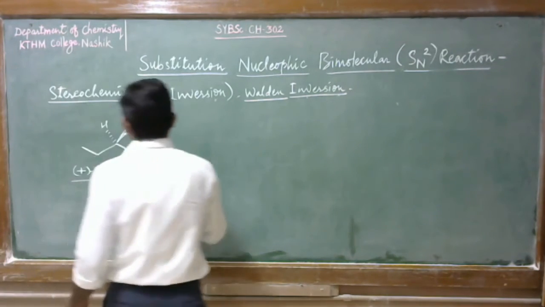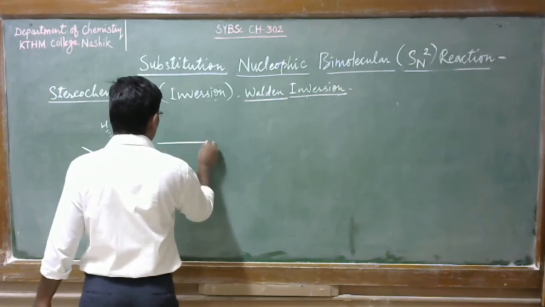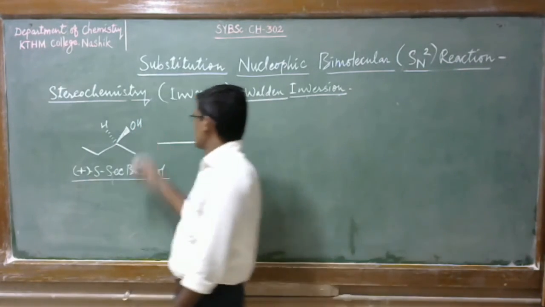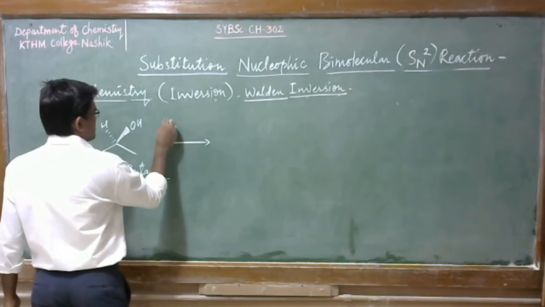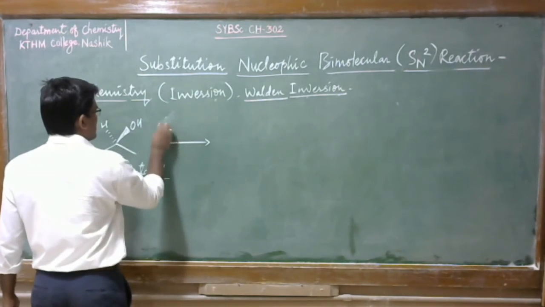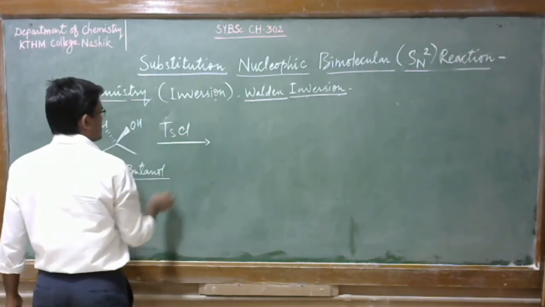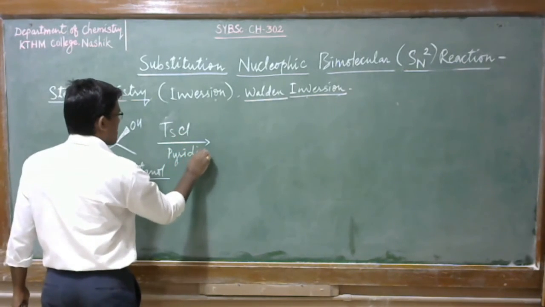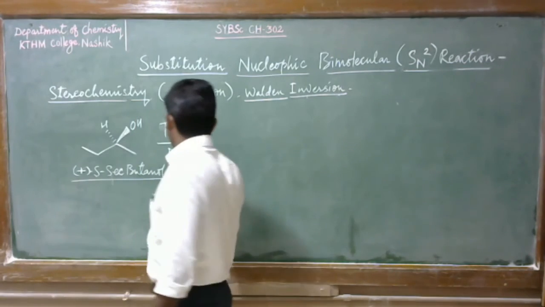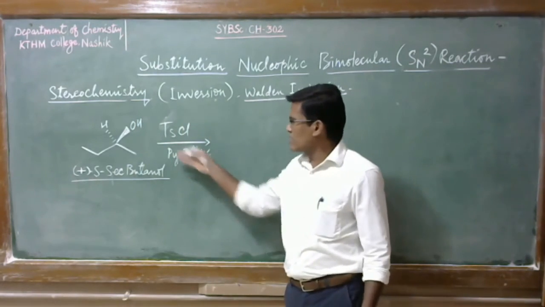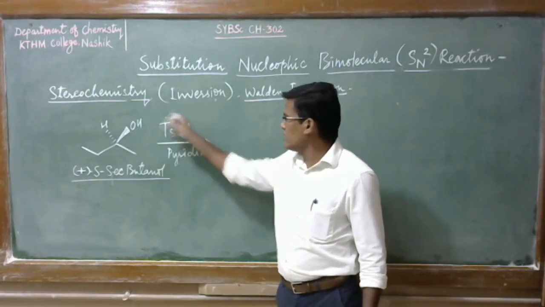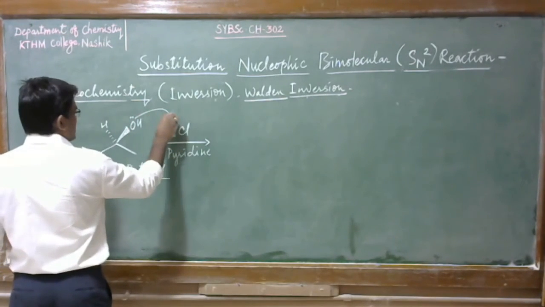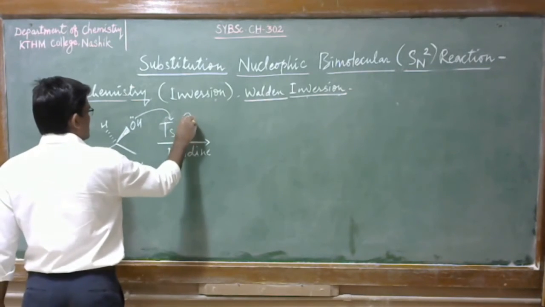In the first step, this hydroxyl group will be converted to a tosylate group. Let's treat it with tosyl chloride in the presence of pyridine. Since pyridine is basic, it will accept this proton and it will react with this group. The chloride will go.